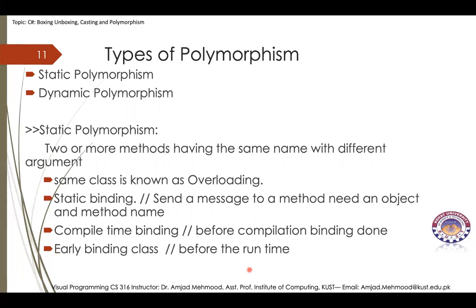Okay, so here you can see that we have polymorphism. There are two types of polymorphism: static polymorphism and dynamic polymorphism. Static polymorphism is when two or more methods have the same name with a different number, type, or order of arguments.